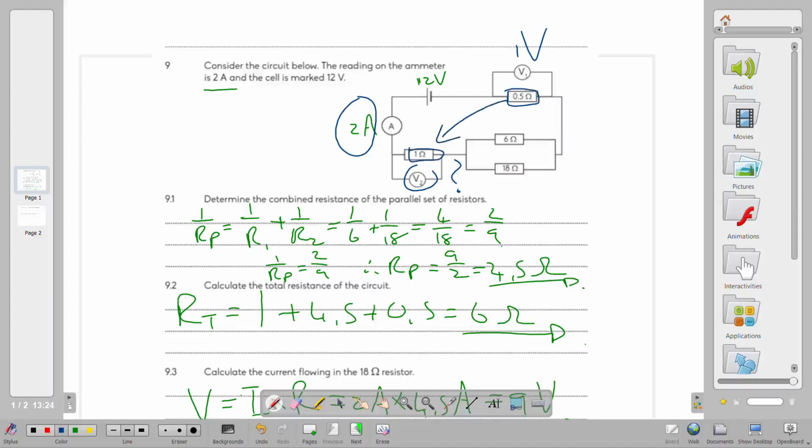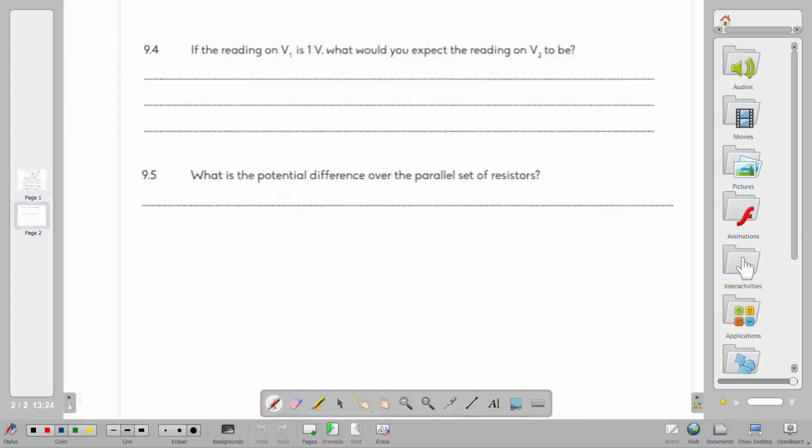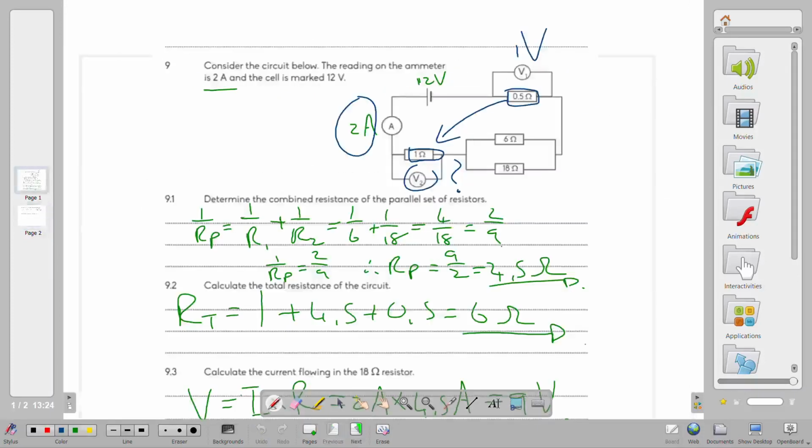Double the resistance will mean double the voltage, but we can calculate that, right? V is equal to I times R. What's the current flowing through that? It's 2, and the resistance is 1. 2 times 1 is 2 volt. As expected, 1 volt, 2 volt. Double the resistance, you get double the potential difference with the same current.